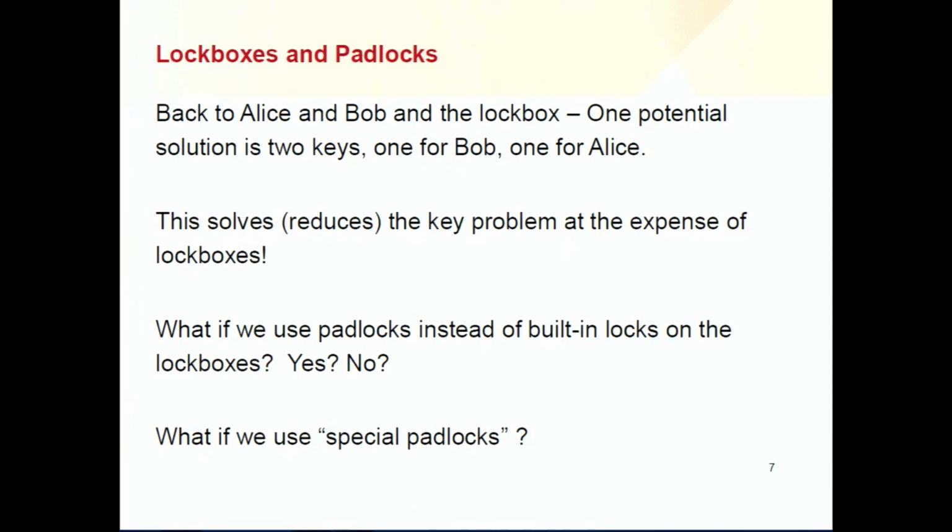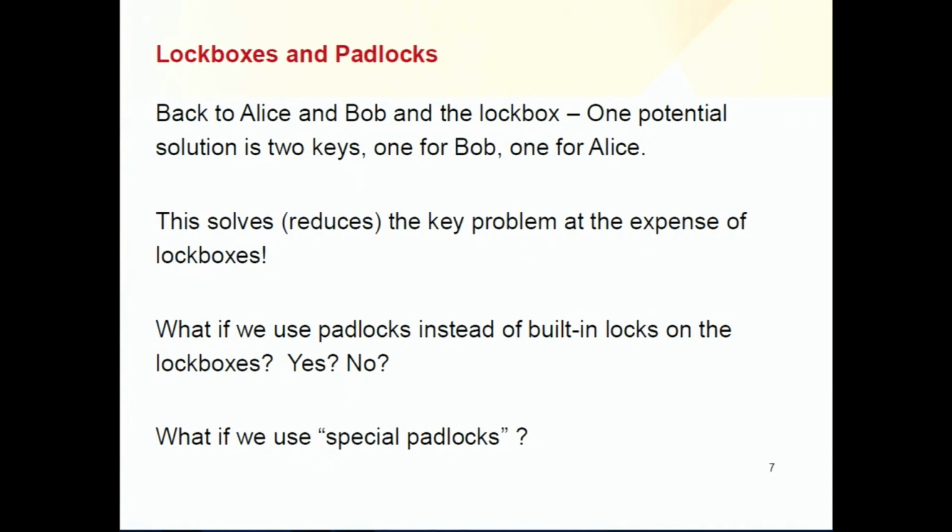So imagine a padlock that has sort of two key openings. So Bob has a key that he can use to lock his side, and Alice has a key that she can sort of reverse that. If it's locked, she can use her key to unlock it, and if she locks it, Bob can use his key to unlock it.